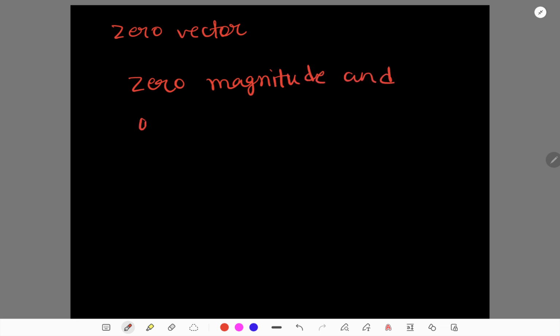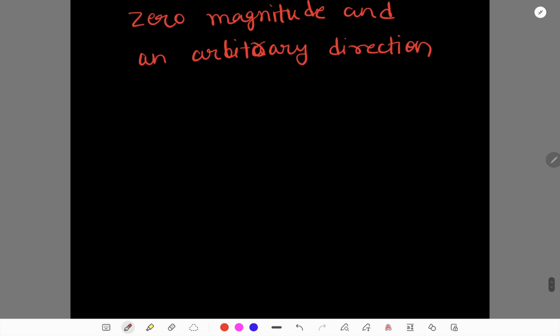Now zero vector. A zero vector or null vector is a vector that has zero magnitude and an arbitrary direction. Why do we need a zero vector?